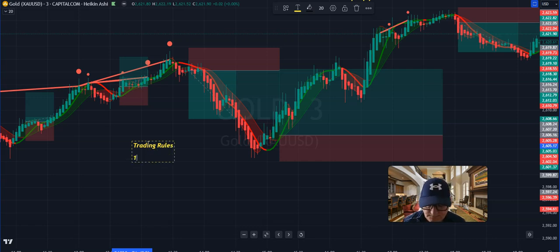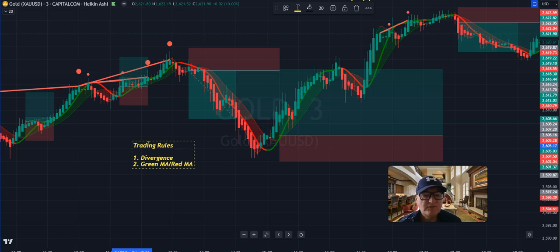Trading rules. Number 1 has to be, we have to have divergence. We don't mind either. Negative, of course, for a downward move, positive for a upward move. Number 2, we must see a green moving average or a red moving average.